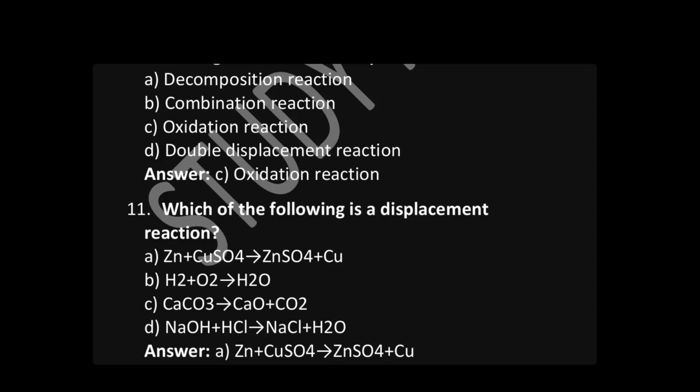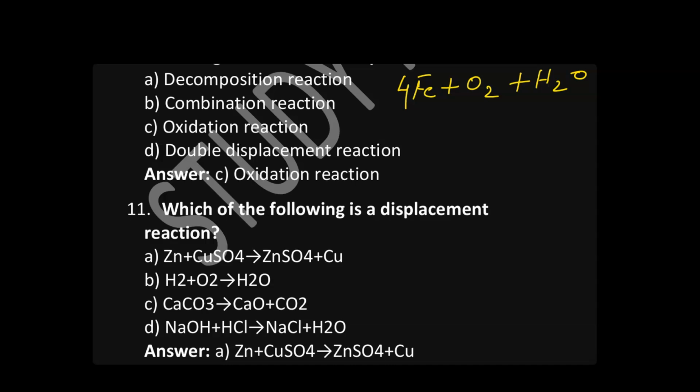Rusting of iron is an example of, my dear students, an oxidation reaction. What is the rusting of iron? A reddish brown flaky coating forms on iron, right? So when iron reacts with oxygen, which is naturally present in the environment, and with moisture, water, what does it form?